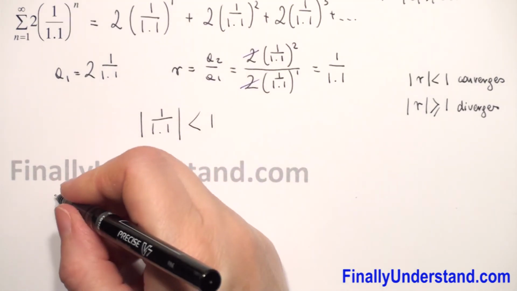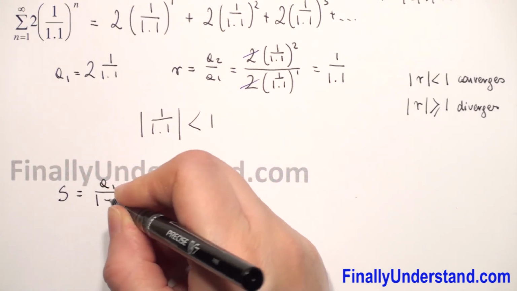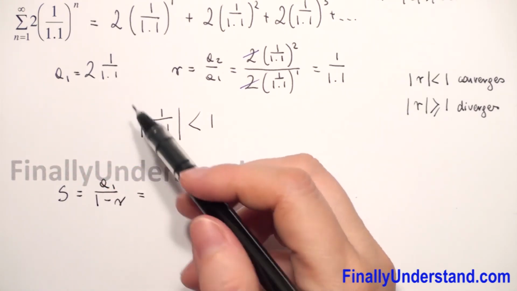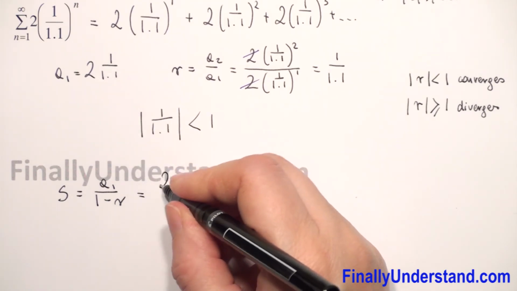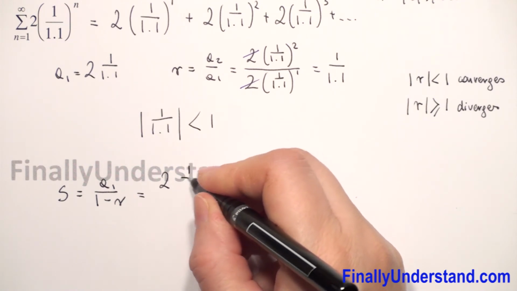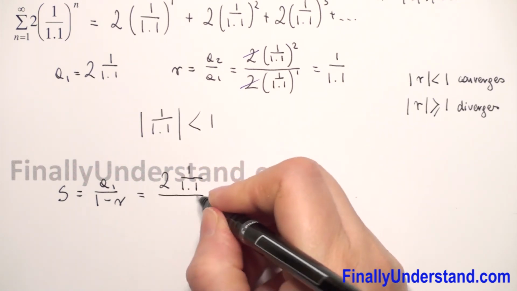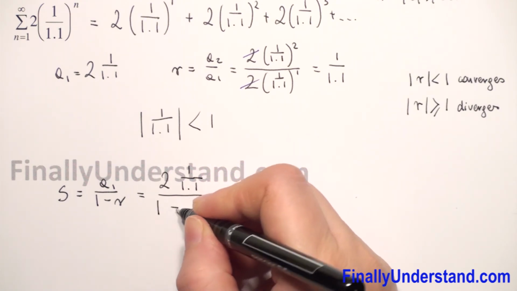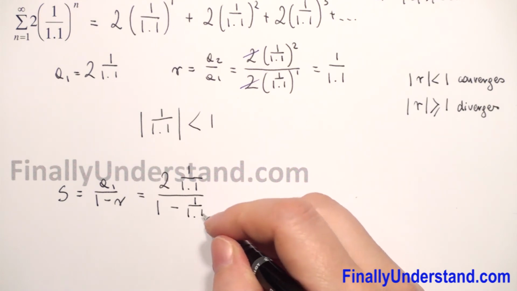The sum is equal to a1 over 1 minus r. So this is equal, we substitute a1 by 2 times 1 over 1.1, and in the denominator we have 1 minus r, which is 1 over 1.1.